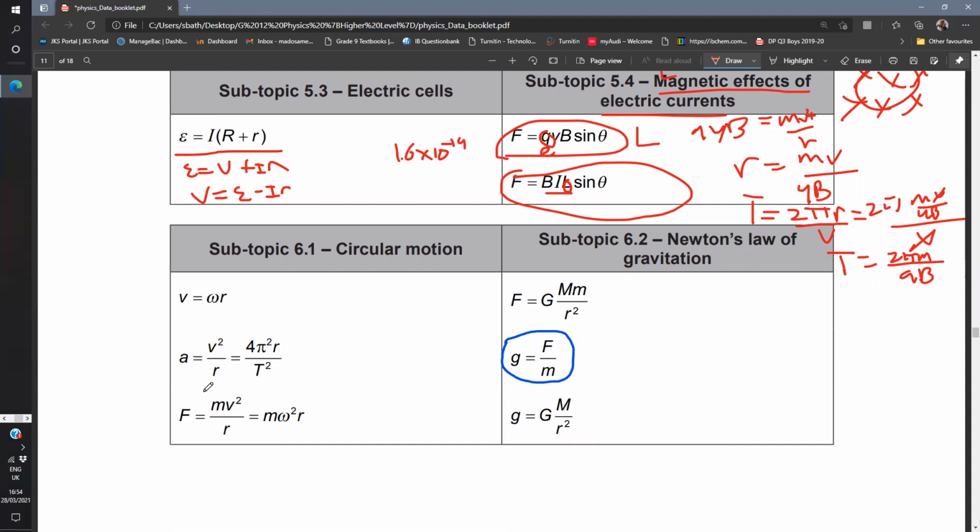And speaking of circular motion, this is exactly what we're going to take right now. So circular motion is basically the velocity is this way, and then there's a centripetal force. This is the basic concept.